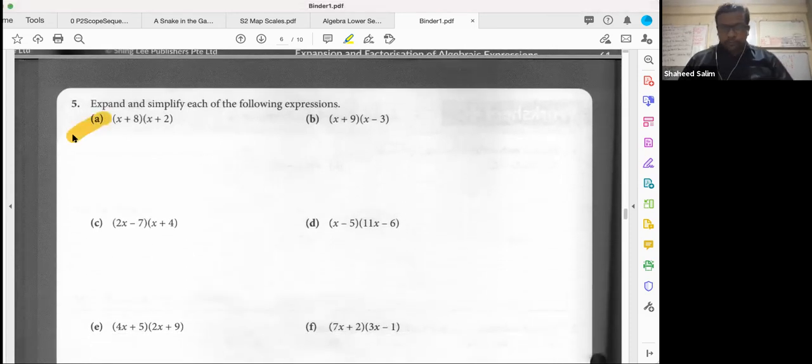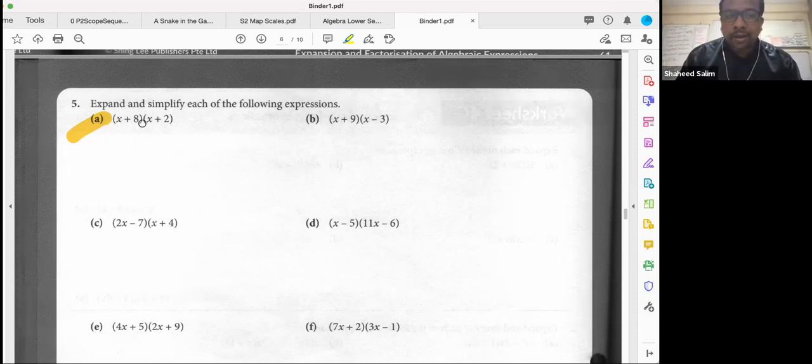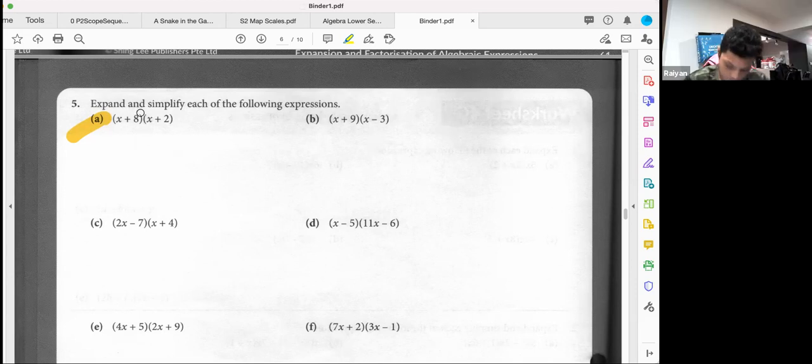Okay, this one now. Divide, right? No, don't divide. You must times x times x times 2, 8 times same thing, same thing.